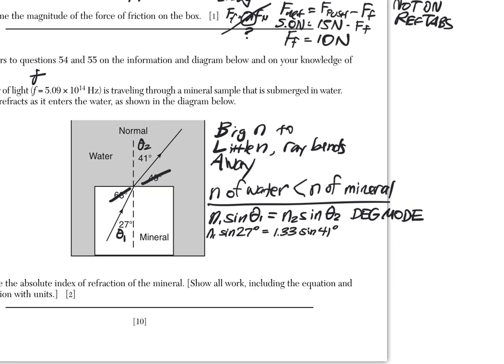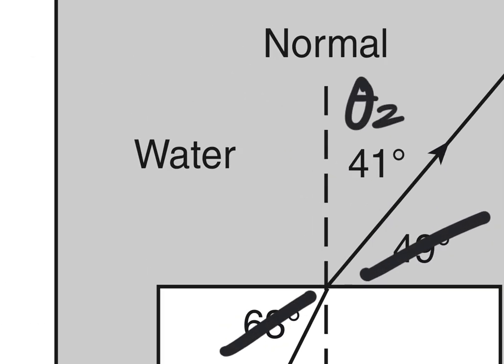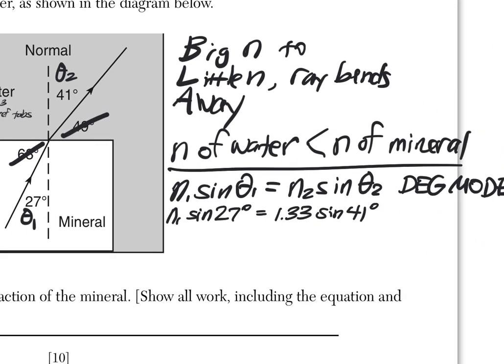Now, in terms of the 1.33, how did I know that the index of water is 1.33? That is on page 2 of your reference tables, ref tabs, for water. So that's where I got that one from. Now, basically I'm solving for N1.